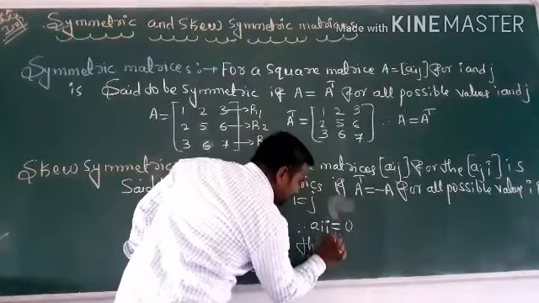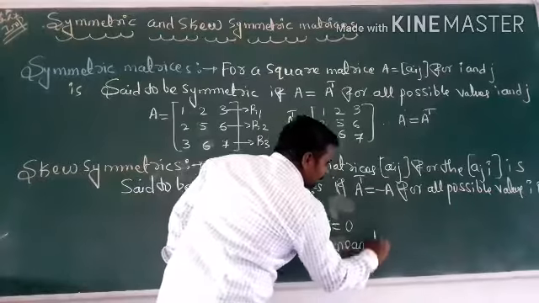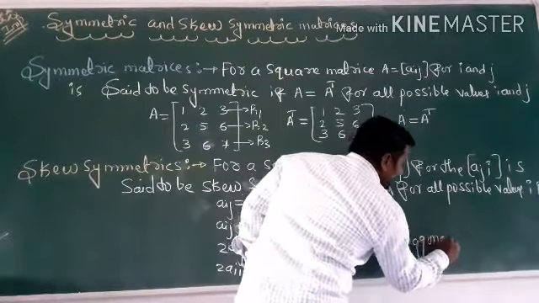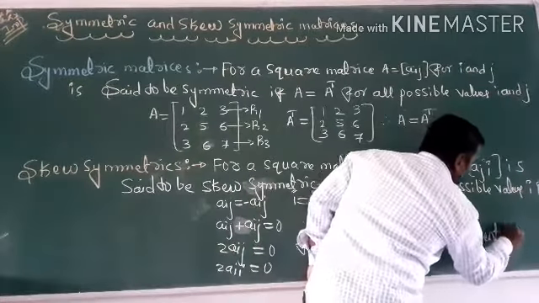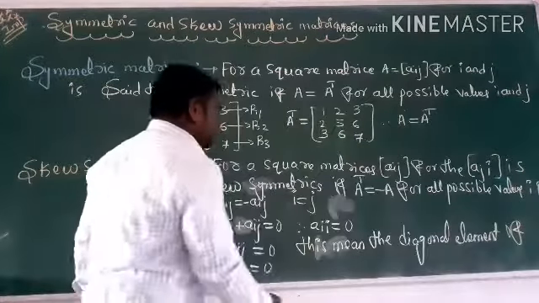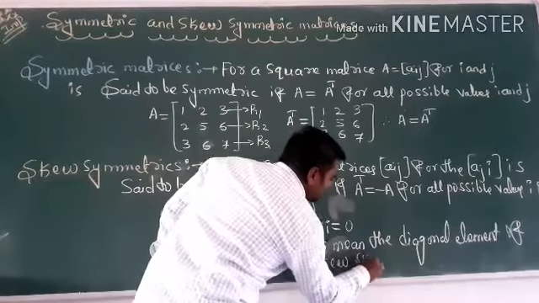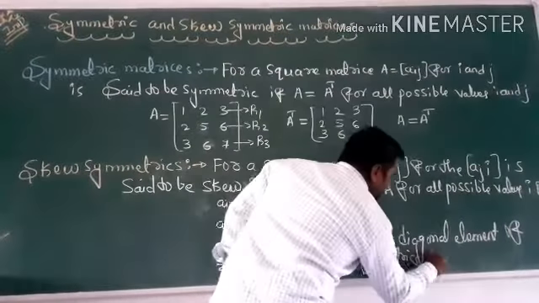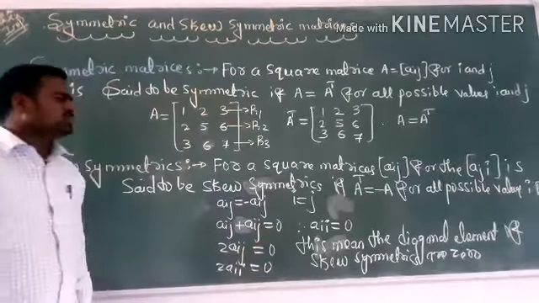This means the diagonal elements of a skew symmetric matrix are 0. Clearly, you can check it.